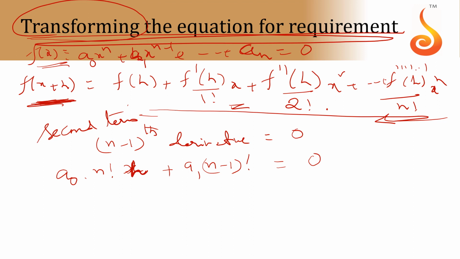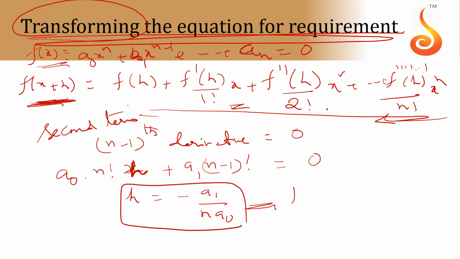So this should be 0. So if I make this 0, what will happen? In the transformed equation, the second term won't be there. Second term meaning the x power n minus 1 term won't be there. Then what is the h value? The h value is minus a1 by n a naught.